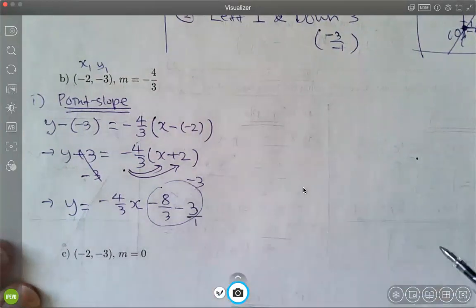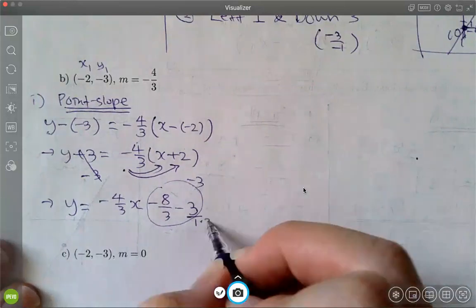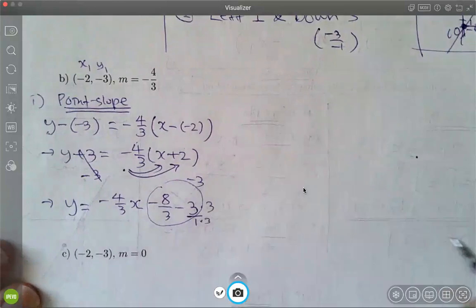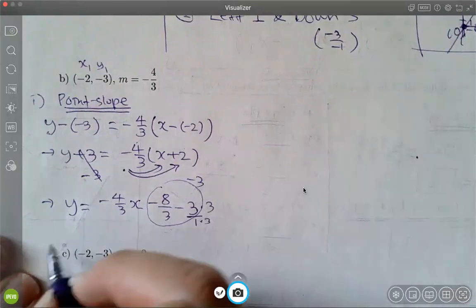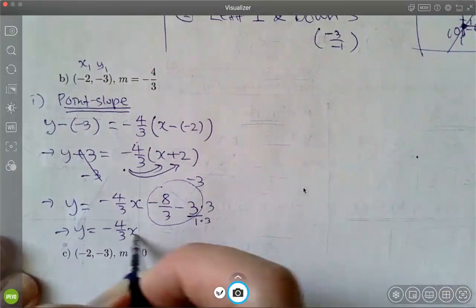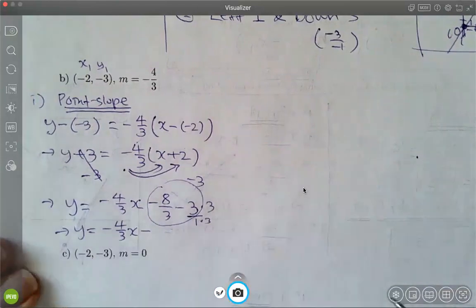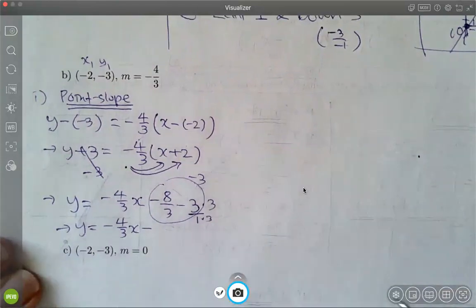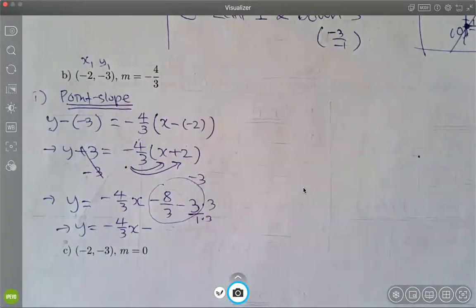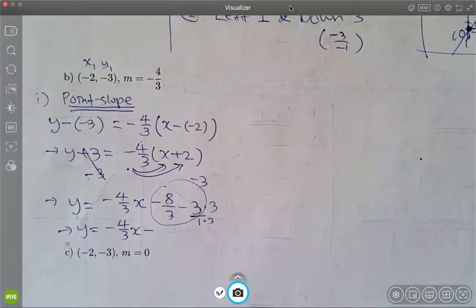Does it remind you of anything? LCD. And what is the LCD? 3, right? So times 3 times 3. So what do you get? It's -8 minus 9, right?